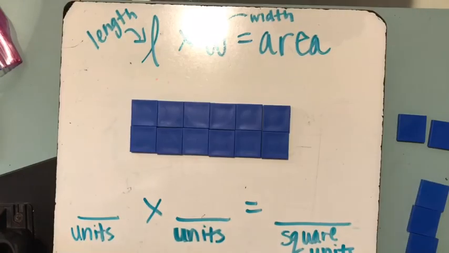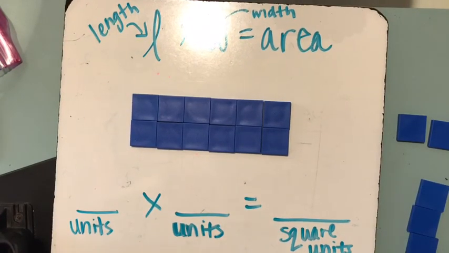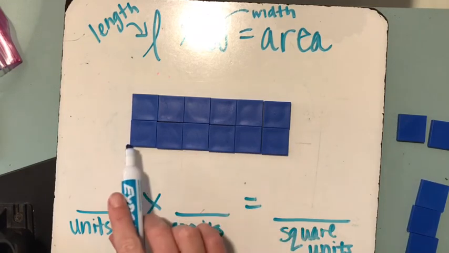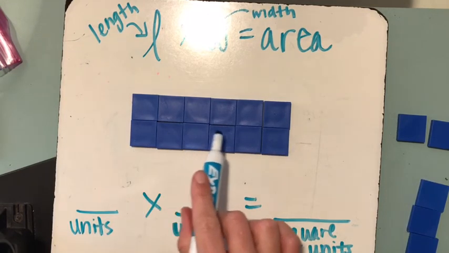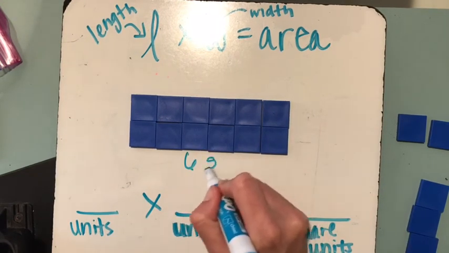All right, so this one you're doing on your own. Go ahead and pause the video and see if you can figure out what is the length and what is the width. What do you do with those two numbers to figure out the area of this rectangle? Okay, so let's look at what we have. Let's check out the length, the longest part of this rectangle. The length here is 1, 2, 3, 4, 5, 6 square units.